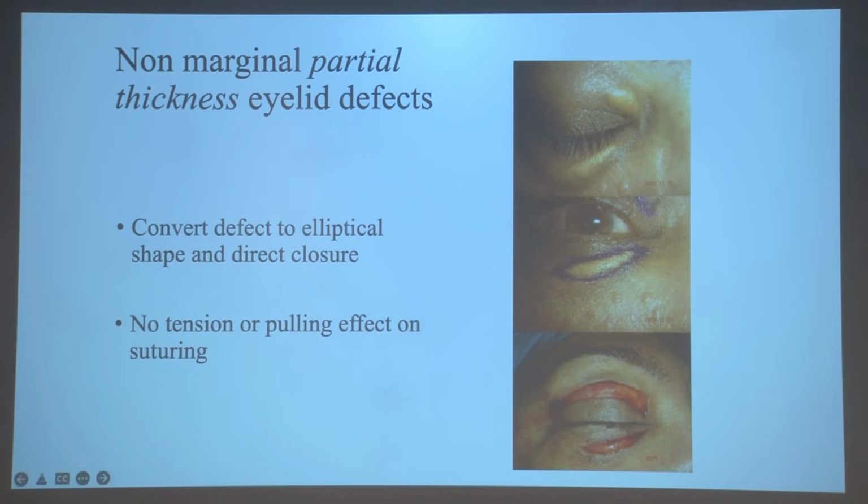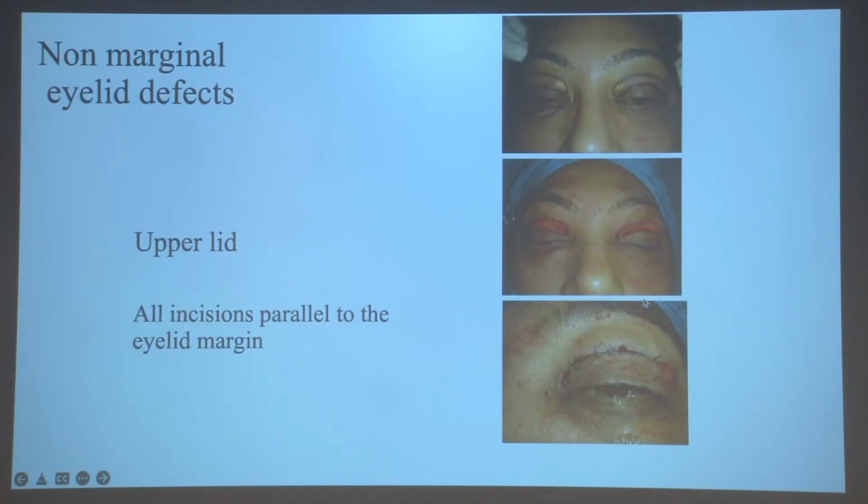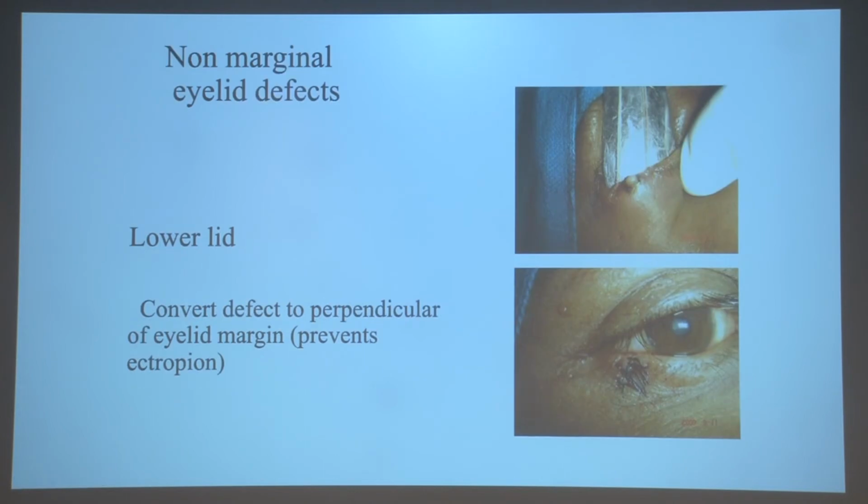Non-marginal defects are generally taken as an ellipse and along the tension lines that she spoke about. And you must not leave any tension on the wound when you close. In the upper lid, the principle is to be parallel to the eyelid margin, which is along the fibers of orbicularis and along the lines of tension. In the lower lid, you sometimes have to make this vertical in order to make sure that you do not pull on the margin and cause an ectropion.